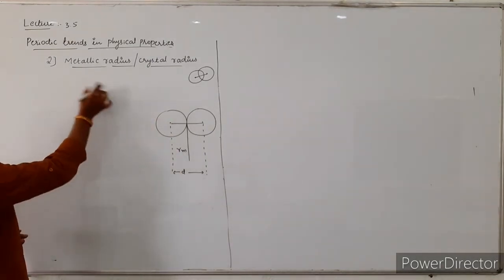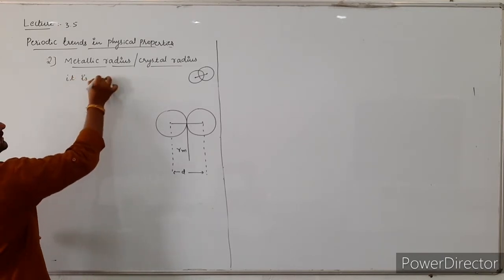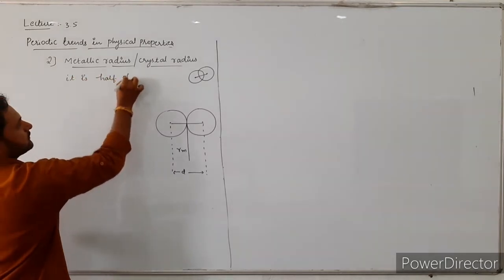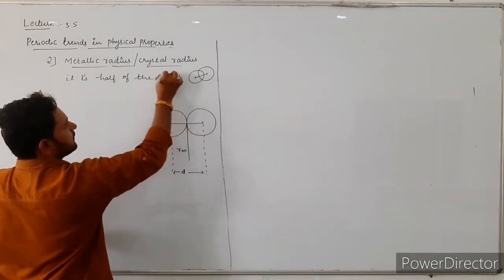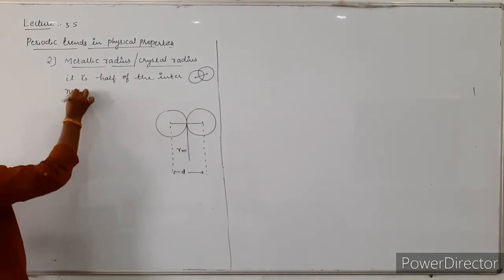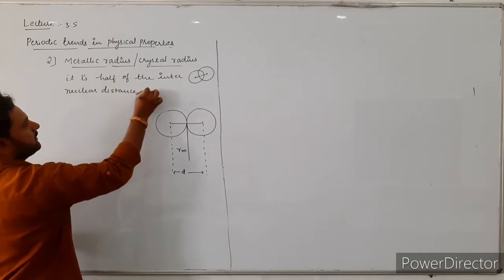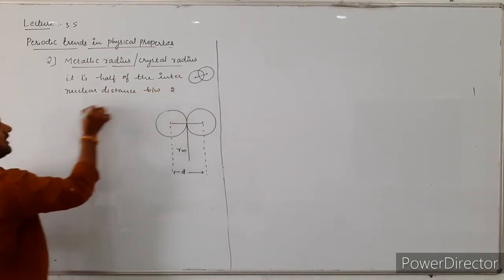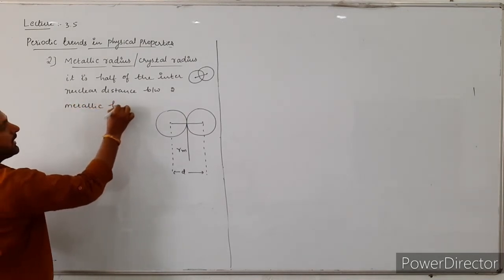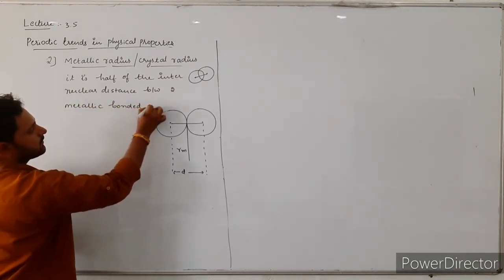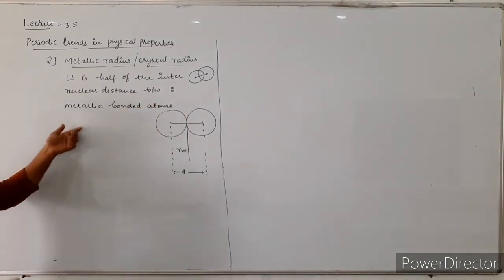Now I will write the definition. It is half of the internuclear distance between two metallic bonded atoms, and it is called metallic radius.